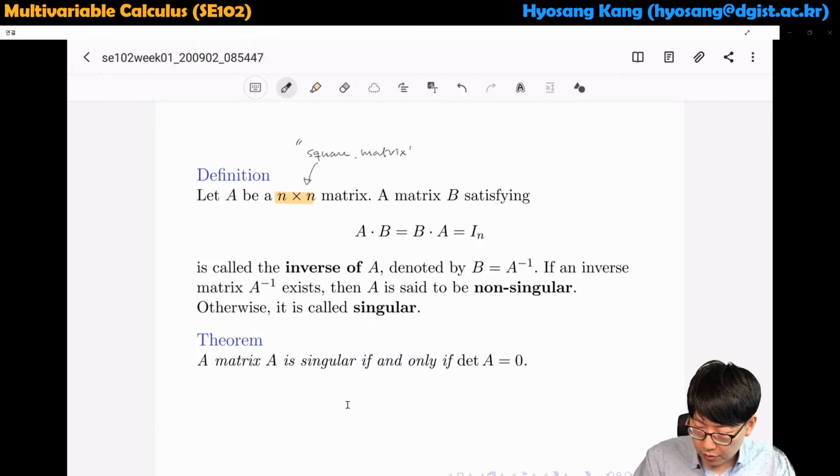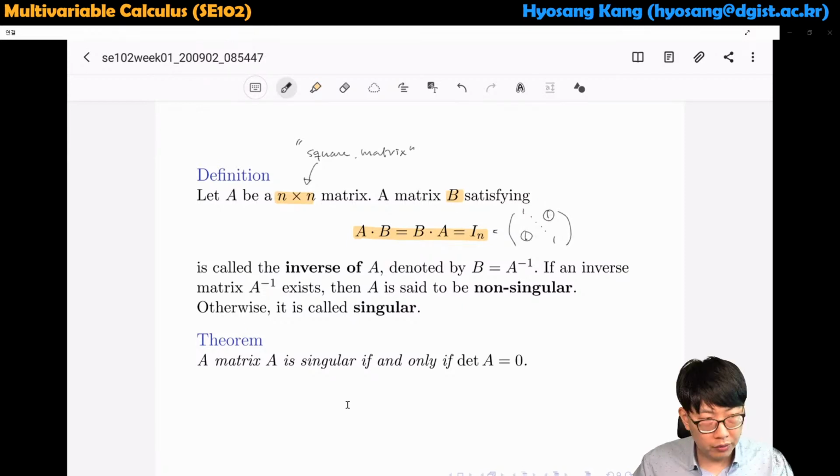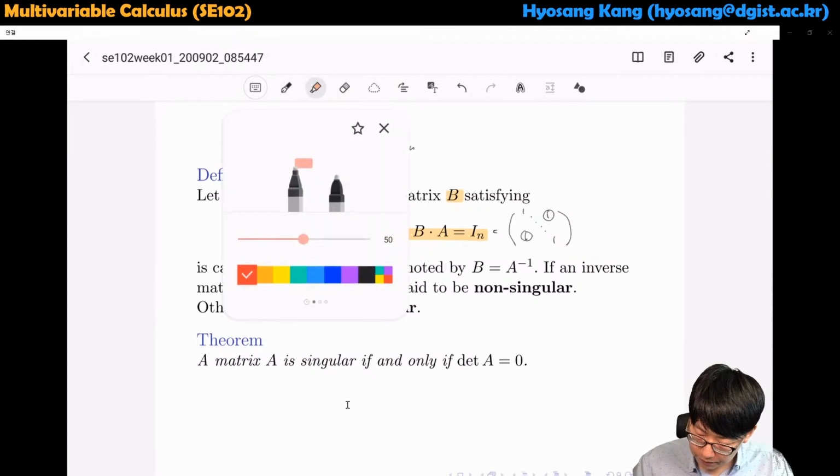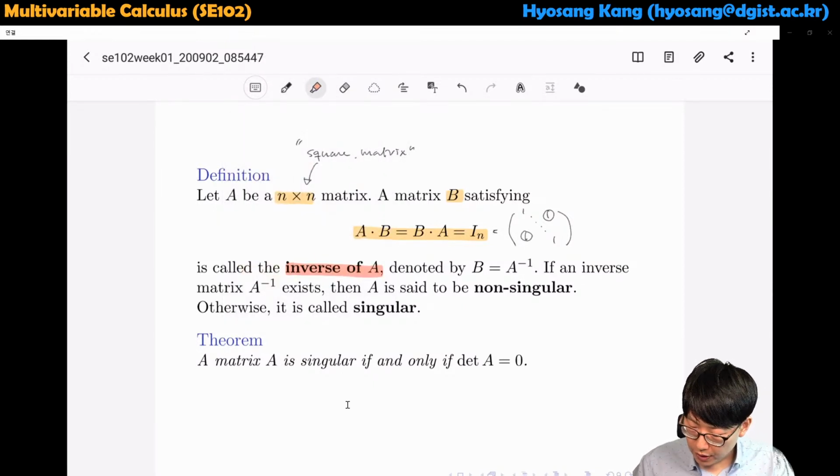Now if you have a matrix B satisfying this equality, that A times B and B times A equal the identity matrix, where the identity matrix of size n is one that has 1 on the diagonal and 0 elsewhere, then it's called the inverse of A. Okay, inverse of matrix A, and we denote that matrix B as A to the negative 1, just like the reciprocal of a number.